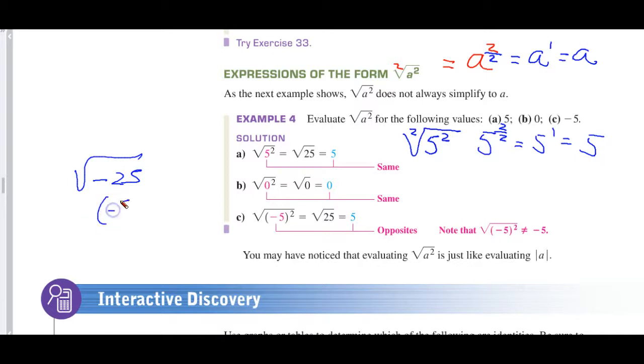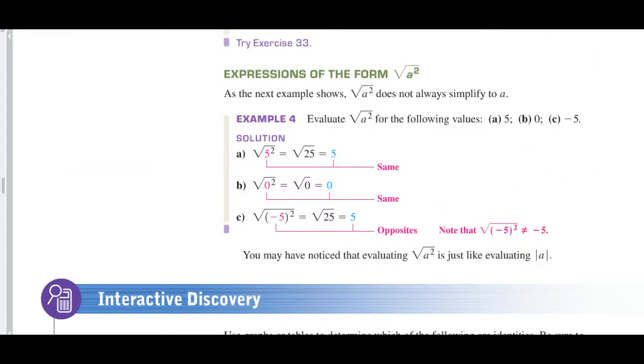This is a negative 5 squared, which in a sense, when we square a negative 5, we get a 25, which is a 5. Remember, it's not a negative 5. All right, let's go on.